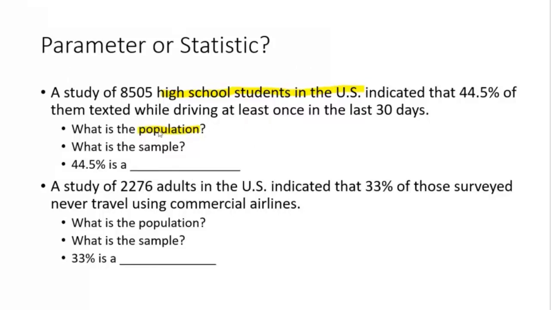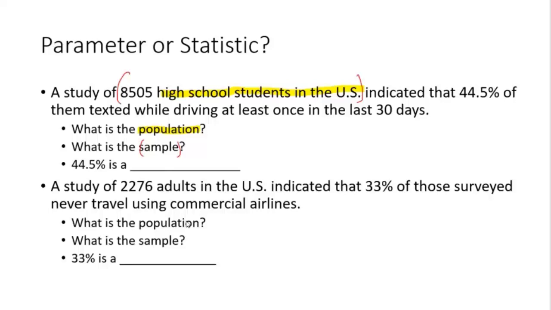However, they did not ask all of the high school students in the United States. They asked 8,505 high school students in the U.S. So what I've marked in parentheses then is the sample. It's those 8,505 that participated.